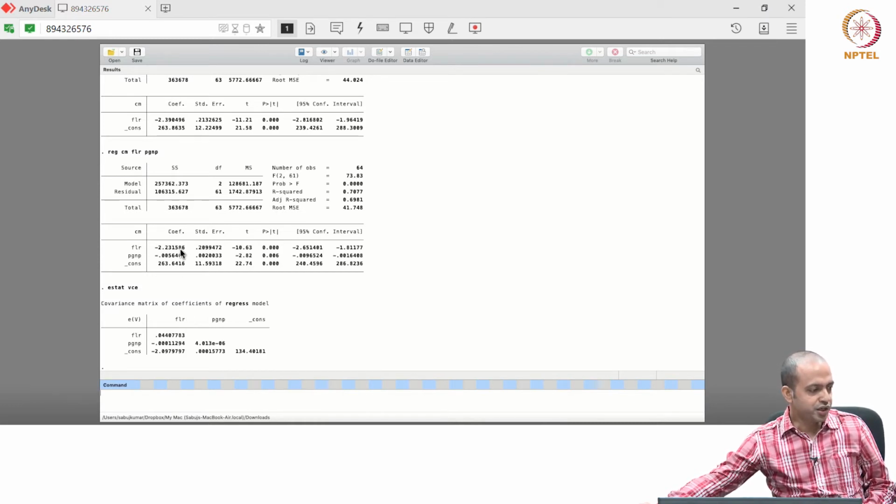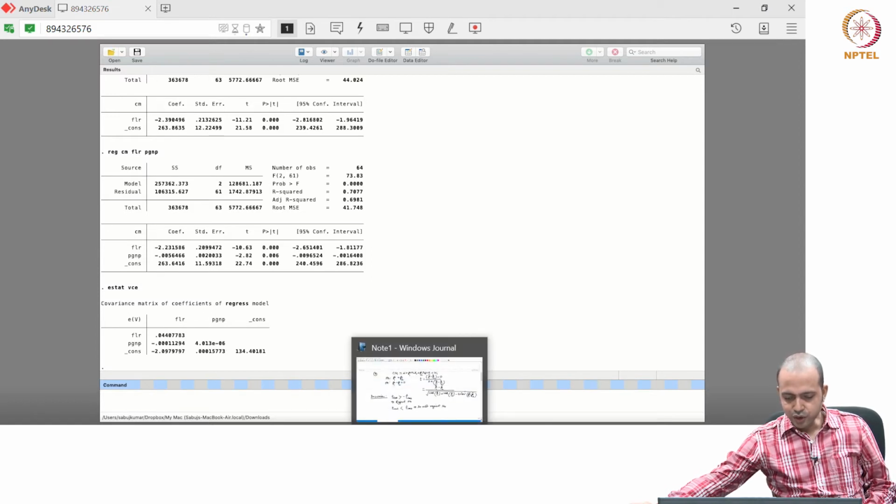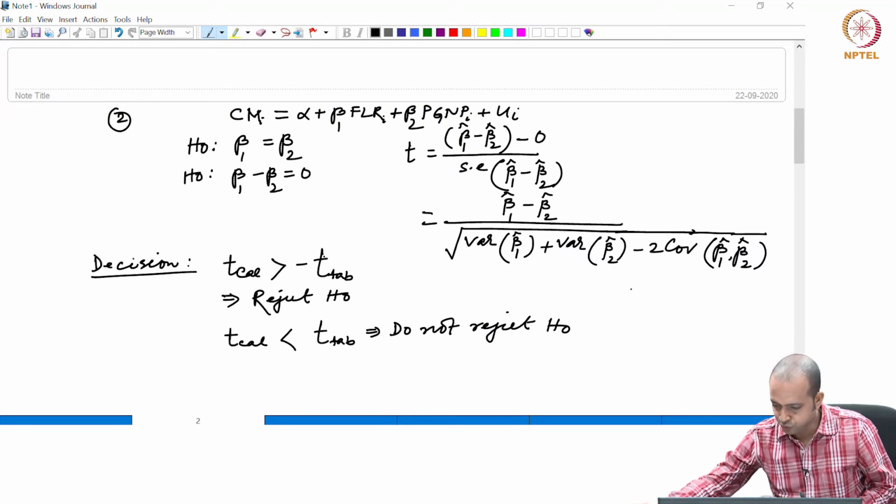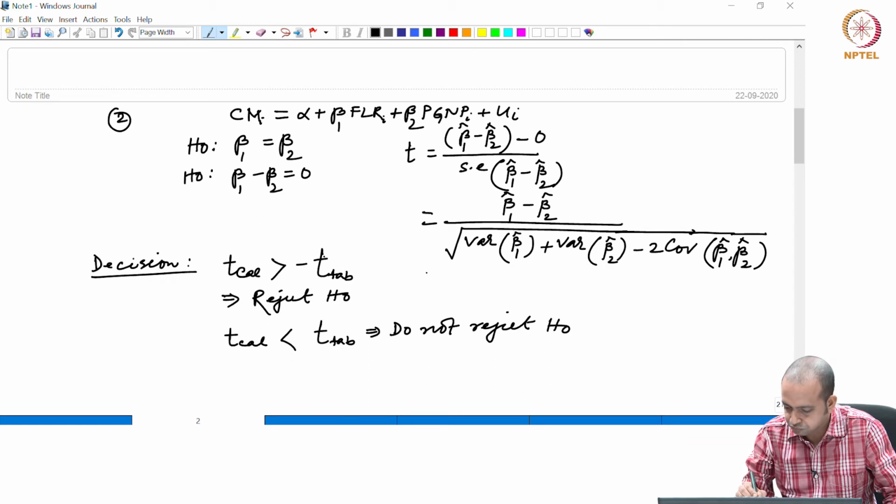So, that means from here I will take the square root of this, then the square root of this plus 2 into this value. Okay. So, this formula will become this formula.